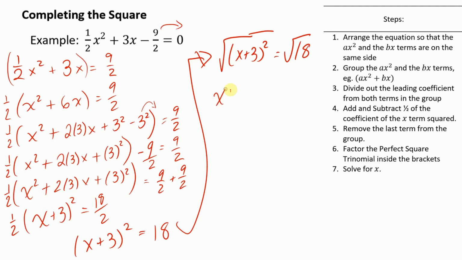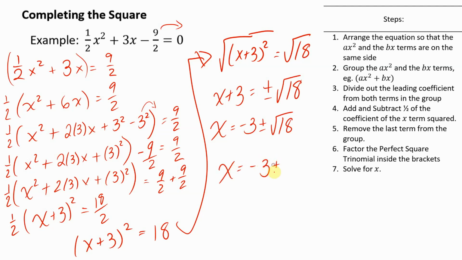That is going to give us x plus 3 is equal to plus or minus the square root of 18, which we can say, we can bring our 3 over, x is equal to negative 3 plus or minus the square root of 18. And we can simplify this to x is equal to negative 3 plus or minus 3 root 2. That is our final answer.